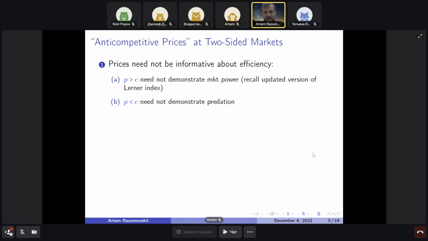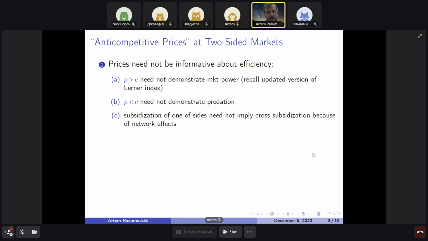If you observe the price on one side is lower or higher than marginal cost, it need not be the monopolistic market power of the firm, or dumping on that side. It can be due to the network effects and the optimal price strategy of the firm.